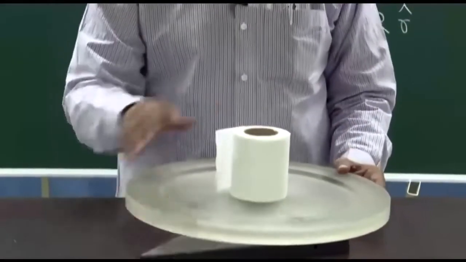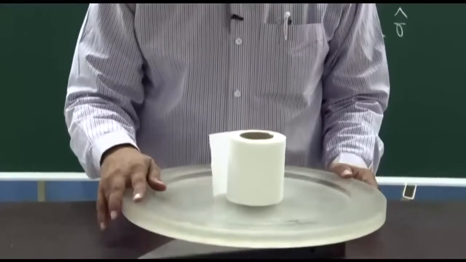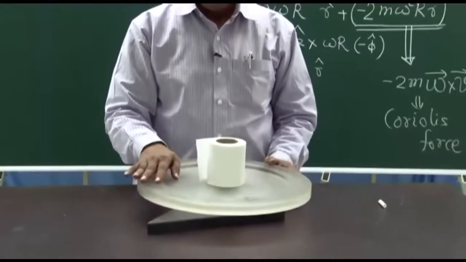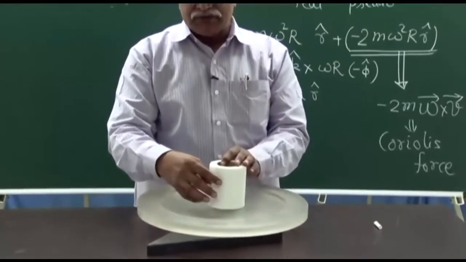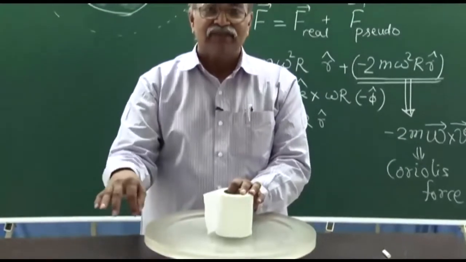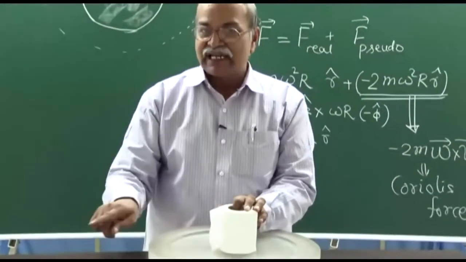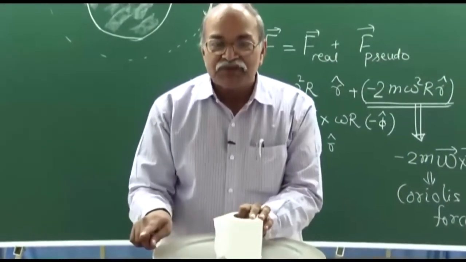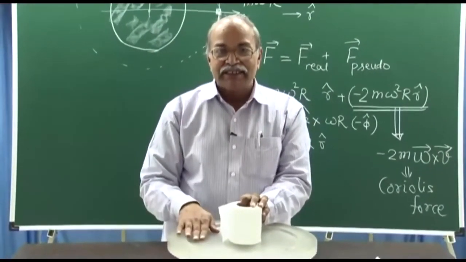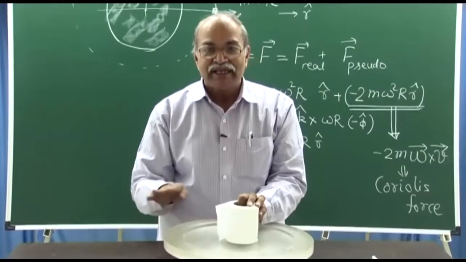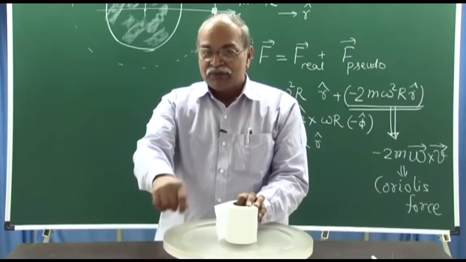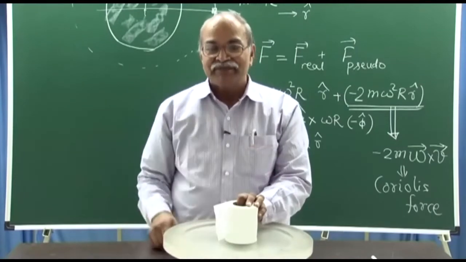As I am putting this on this rotating frame, if I work from this frame, because of the centrifugal force, it goes out radially a little bit. But once it goes out radially, gets some speed, velocity is there with respect to this disc in the radially outward direction. Omega is there vertically downward because I am rotating it clockwise.